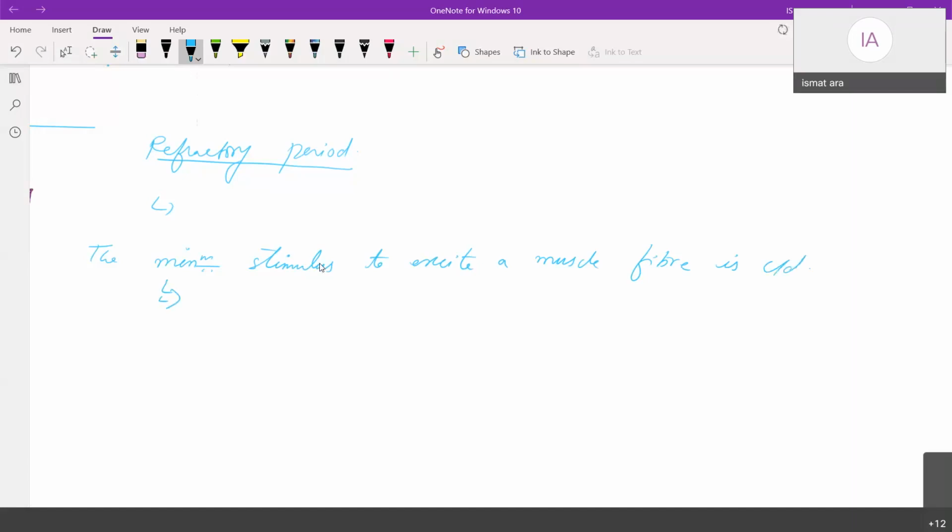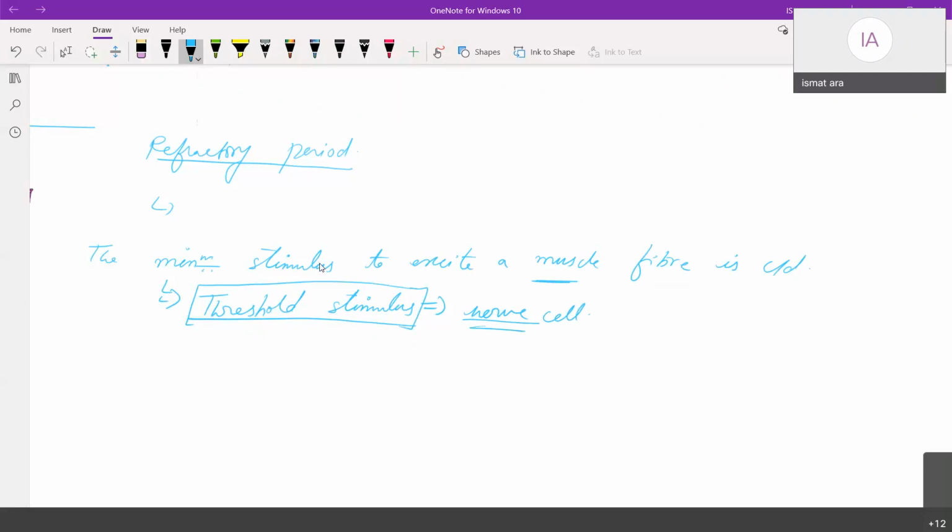What is this stimulus called? It's called threshold stimulus. Now this word, threshold stimulus, is the same definition for muscle fiber as well as nerve cell.